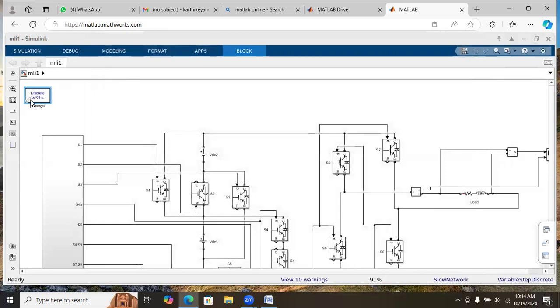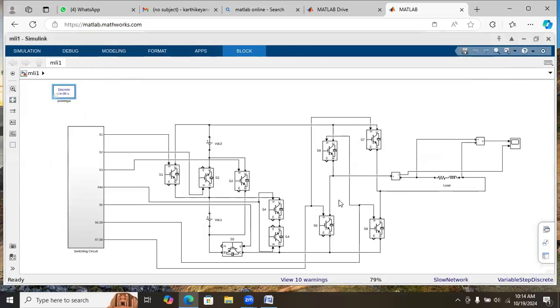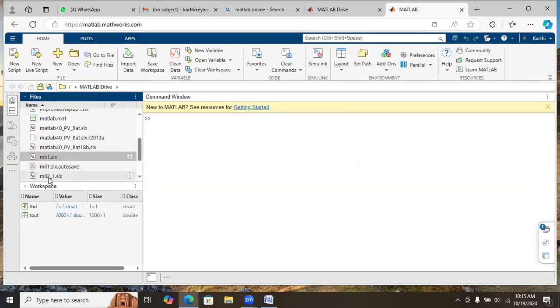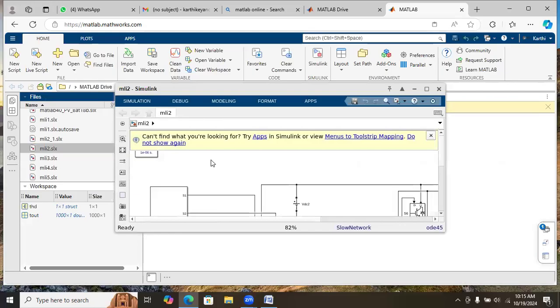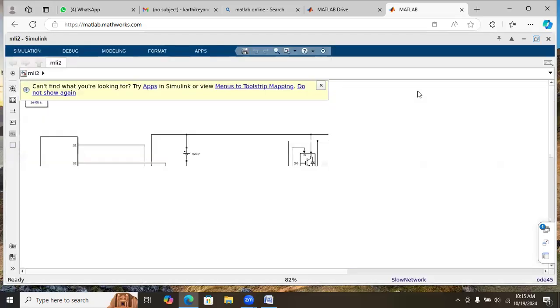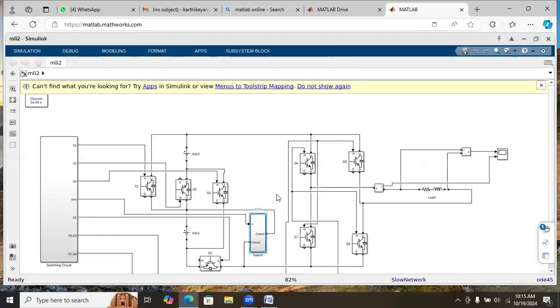Here there are 10 switches totally. We have to reduce the number of switches. So instead of these back-to-back switches, we will introduce one more switch. We will replace the back-to-back switches with a single switch and a diode bridge setup.